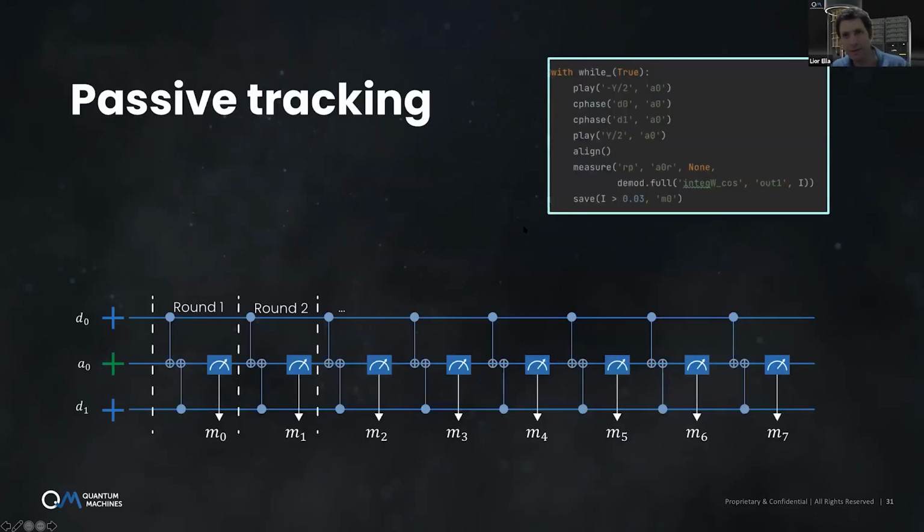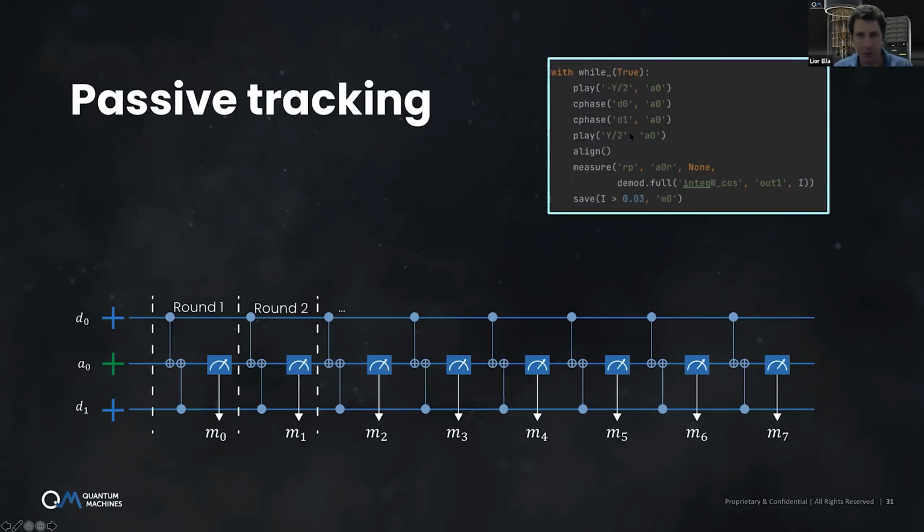Okay, so let's see how we improve the situation. In order to do that, let's look at the QUA code that's required in order to run this passive tracking experiment. In the passive tracking experiment, what we're going to do is play a -y/2 over the ancilla. Then we're going to play 2 C phases between D0 and the ancilla, and between D1 and the ancilla.